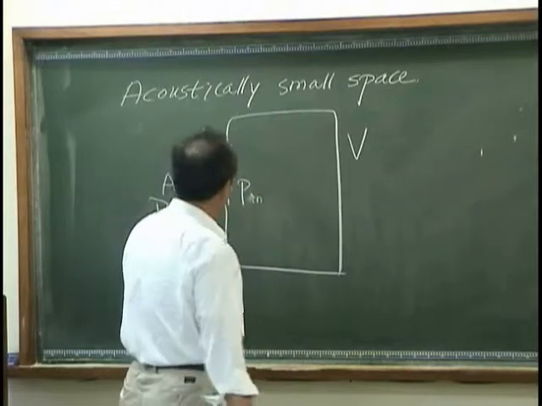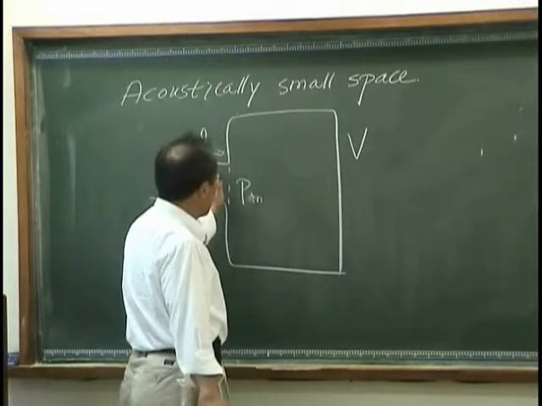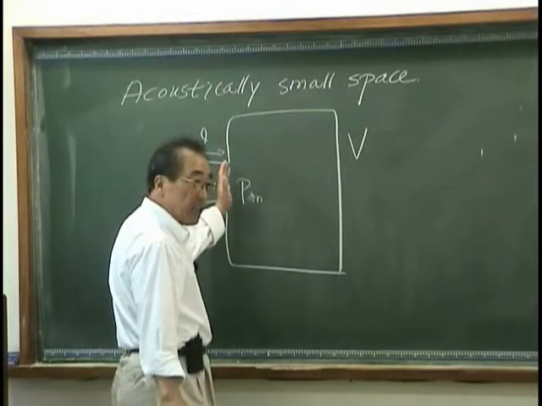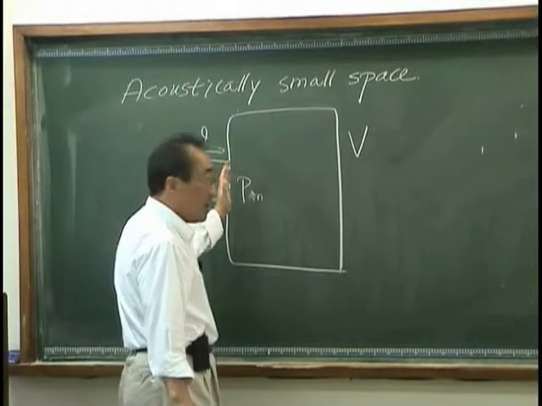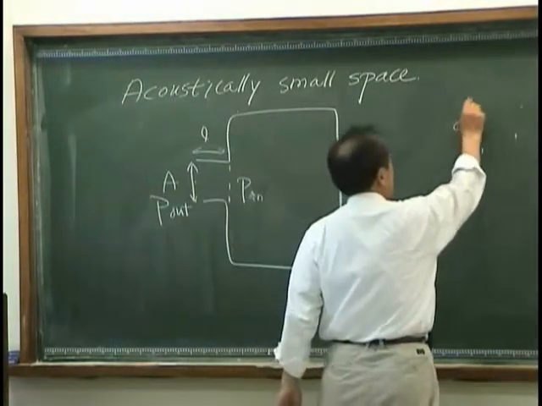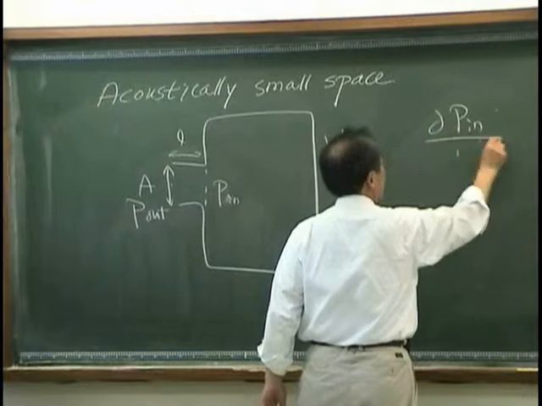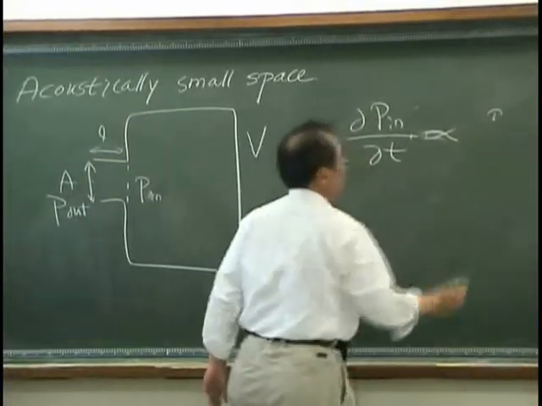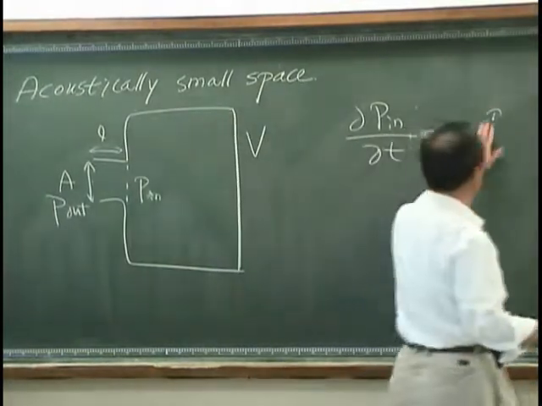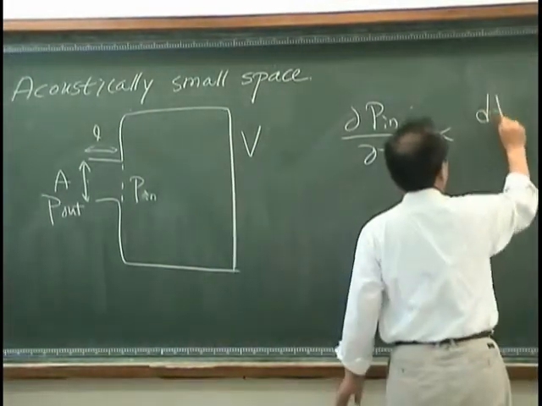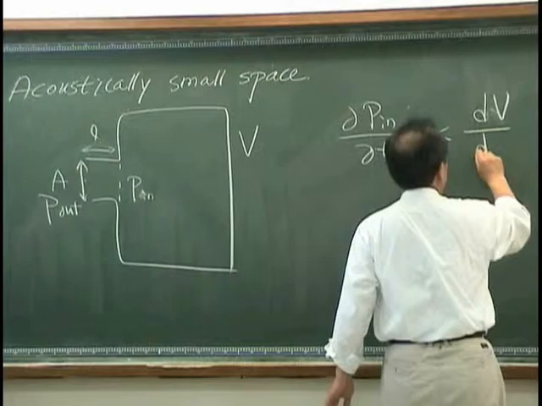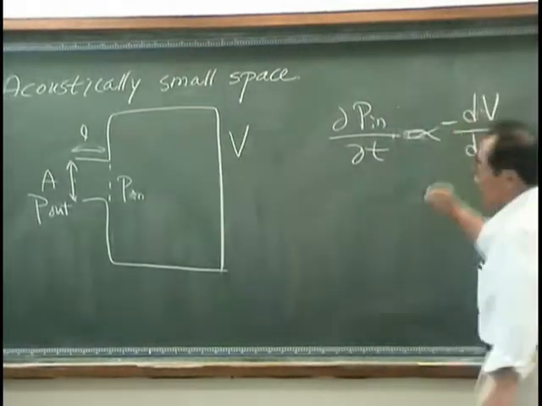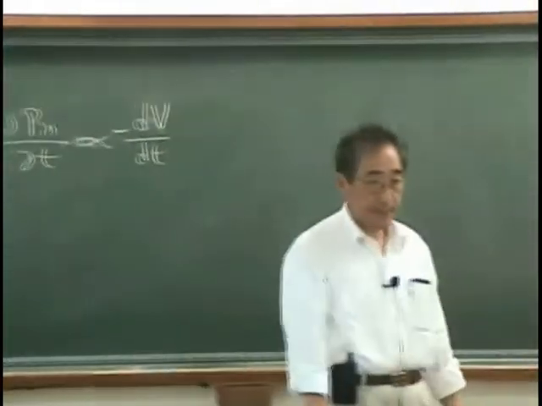And what I can see here, when I blow this, the change of pressure inside, with respect to time, will be proportional to the change of volume with respect to time, but should be minus.